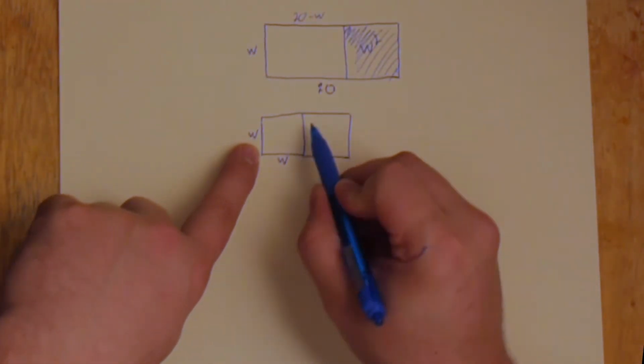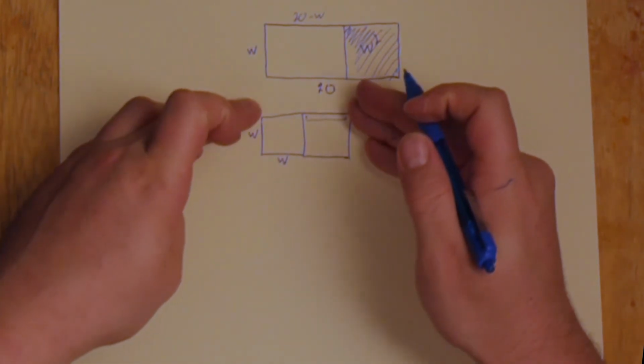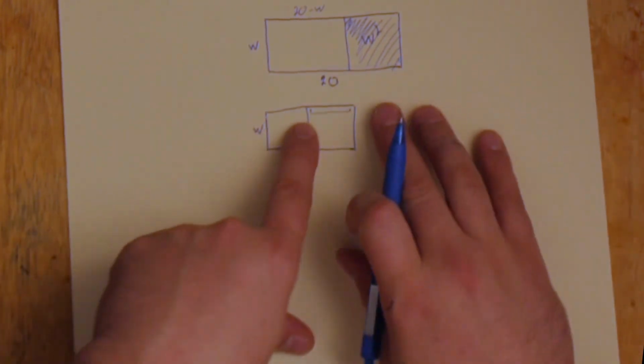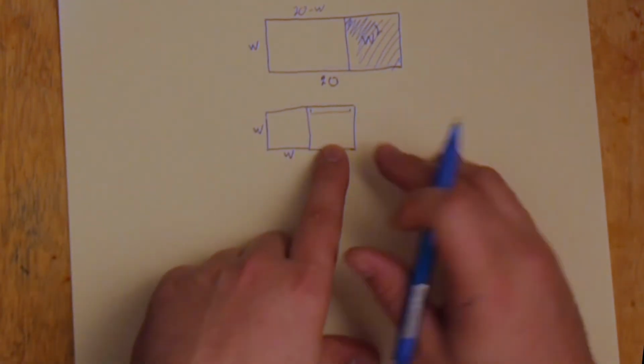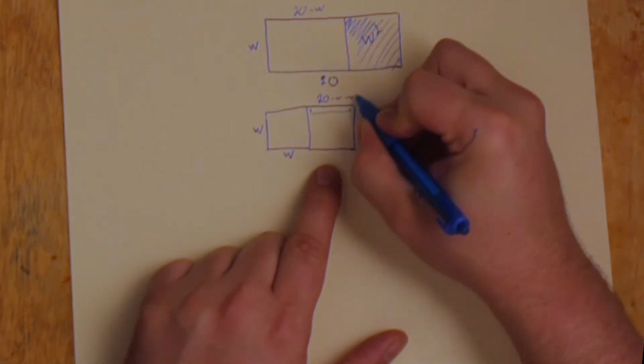Now I'm just taking this little square inside. What's this side length now? The new one. Well, that's our original side length minus another w, right? This 20, and this is just that length minus another w. So that's our new side length, okay? Stay with me.